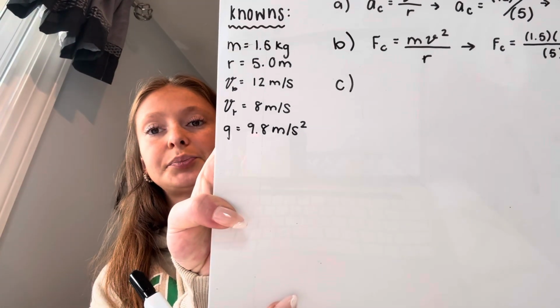So now moving on to part C, which is the trickier part. This says, determine the minimum speed the car must have at the top of the loop to stay on the track. So using that, you want to also use gravity. So g equals 9.8 meters per second squared. You want to make sure you're using that in the equation.